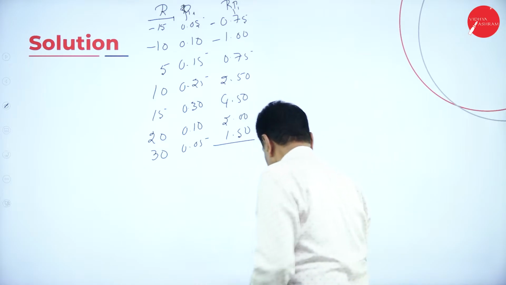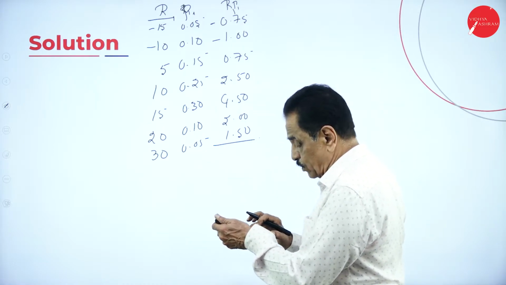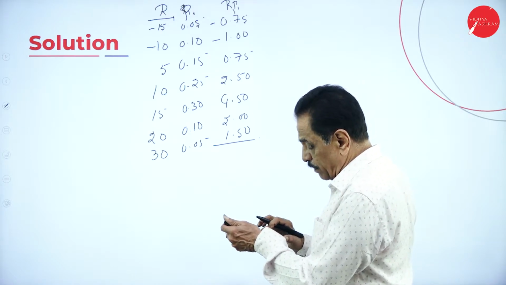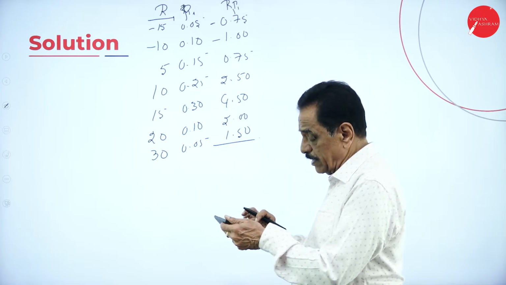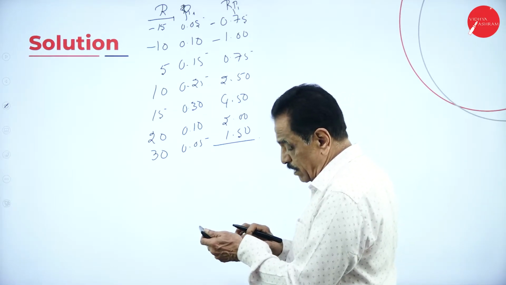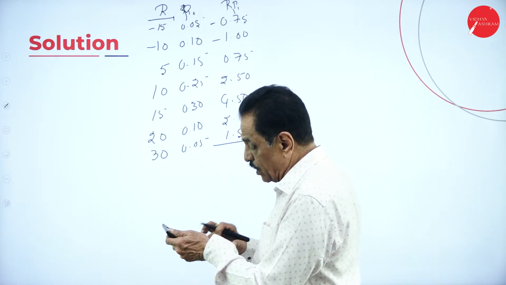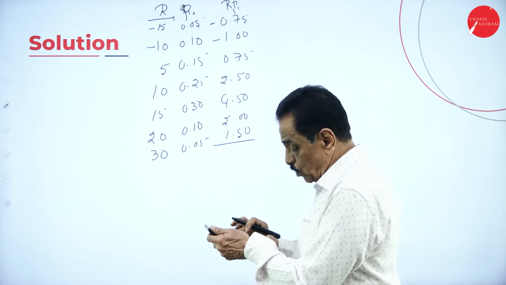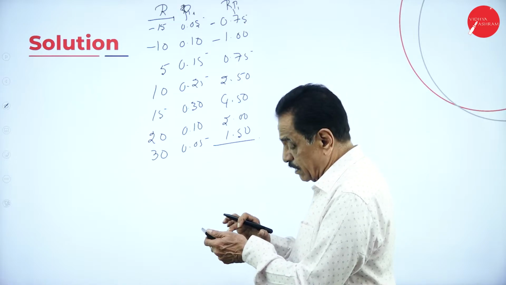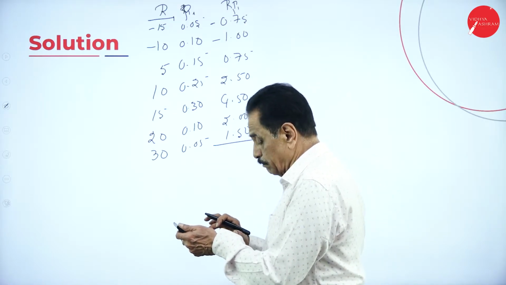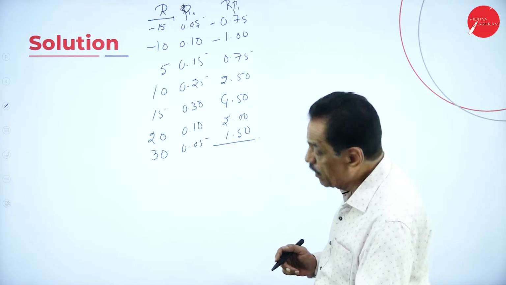Add the figure. This is 1.50 plus 2 plus 4.50 plus 2.50 plus 0.75, minus 1 minus 0.75, equals 9.50.